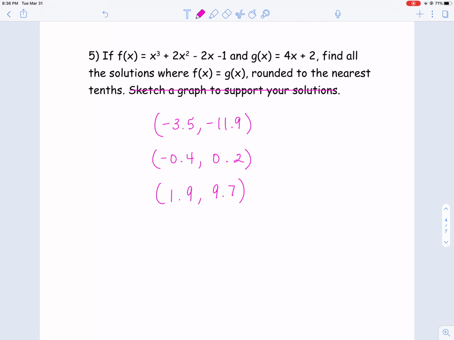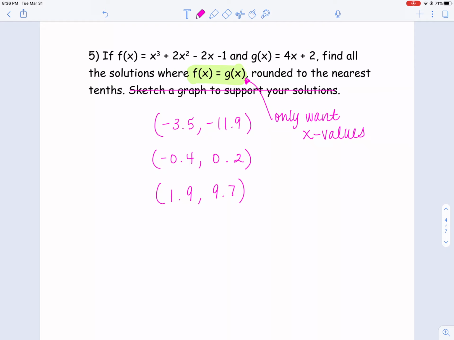Now here's the crazy part. This says find all solutions where f of x equals g of x. Okay? So that means they don't want the entire solution. This f of x equals g of x means they only want the x values, okay?